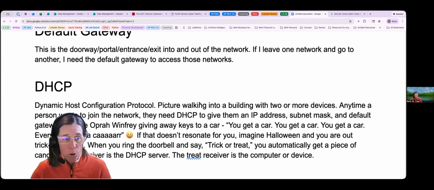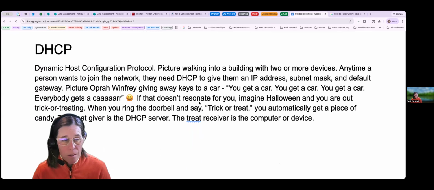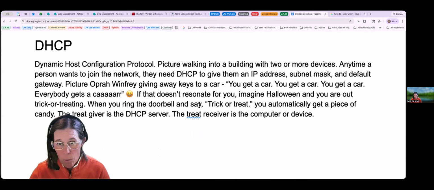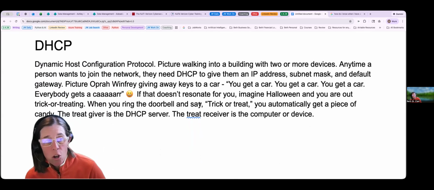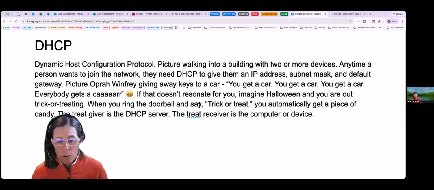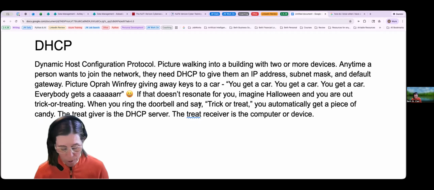So if I ever go to somebody's network, if I ever visit their network, there's something called a DHCP. It's the Dynamic Host Configuration Protocol. So it's either a server that you have set up to manage that, or it's part of your ISP service, your internet service provider service that you pay for.